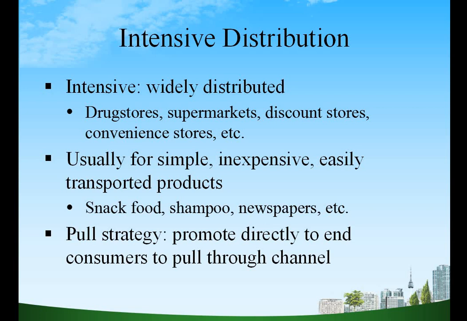Intensive distribution means widely distributed products, with examples such as drug stores, supermarkets, discount stores, convenience stores, etc. This intensive distribution channel is usually used for simple, inexpensive, easily transported products such as snacks, food, shampoo, newspapers, etc. The strategy used in intensive distribution is the pull strategy, which promotes directly to end consumers to pull products through the channel.